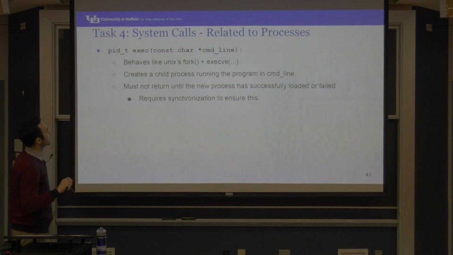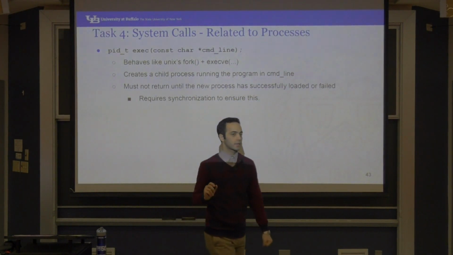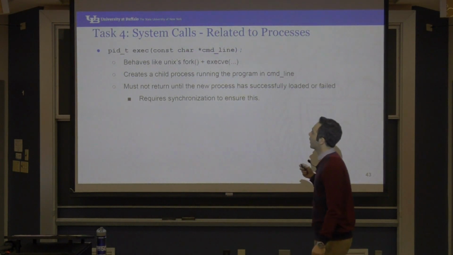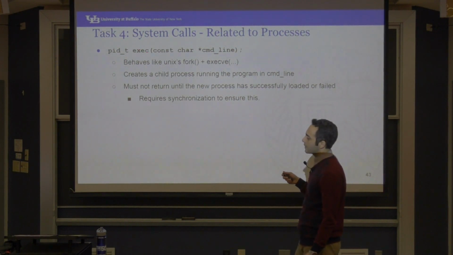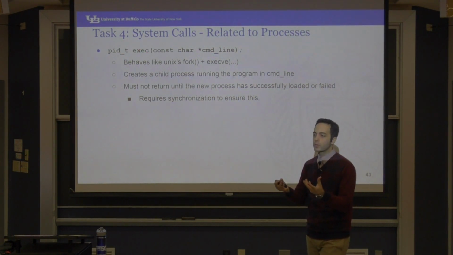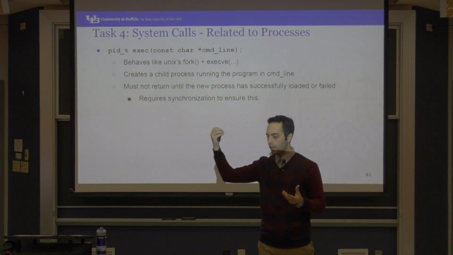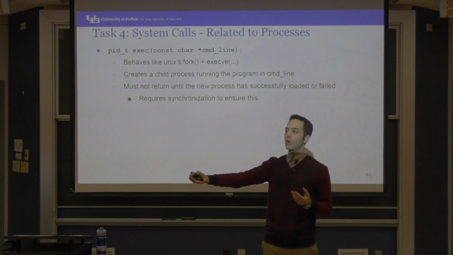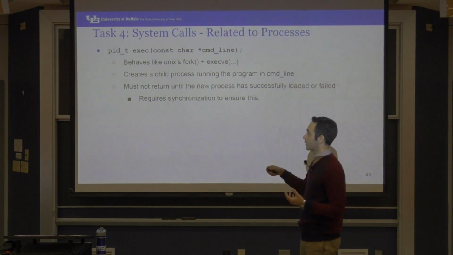All right. So exec in this OS acts as both fork and exec-v. When a process calls exec, they want to create a separate process, and they already give you the file name that process should load.